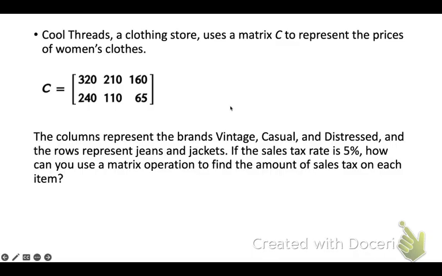Okay, so our 0.05 C was 16, 12, 10.5, 5.5, 8, and 3.25. So what does 3.25 tell me?